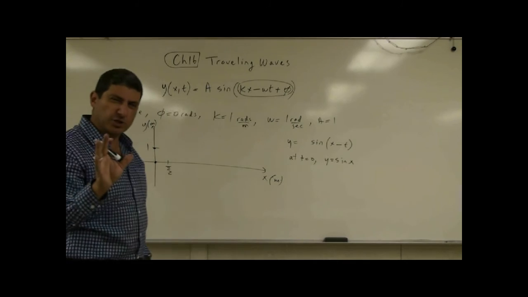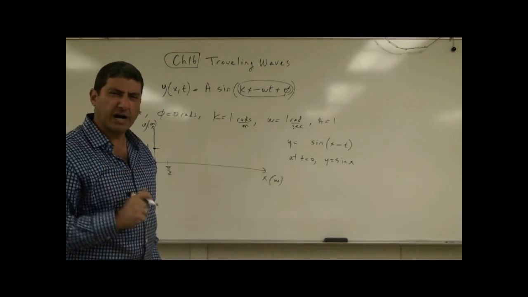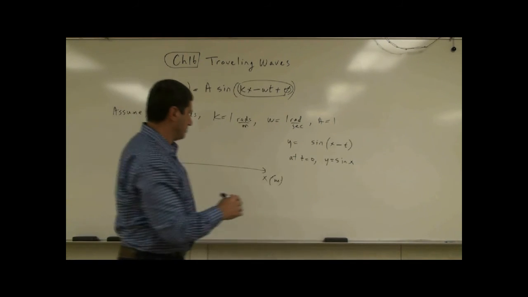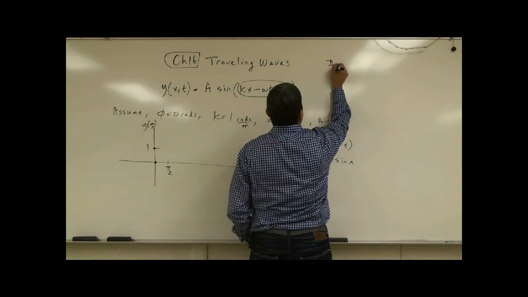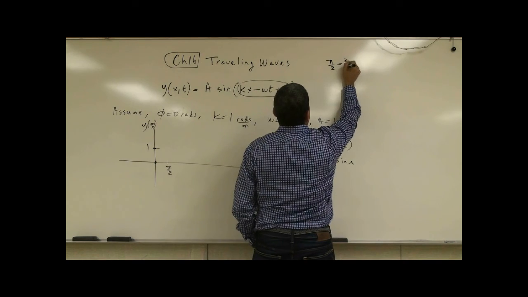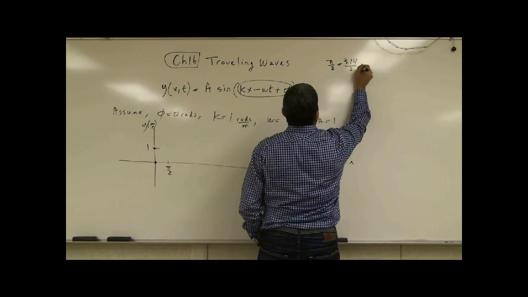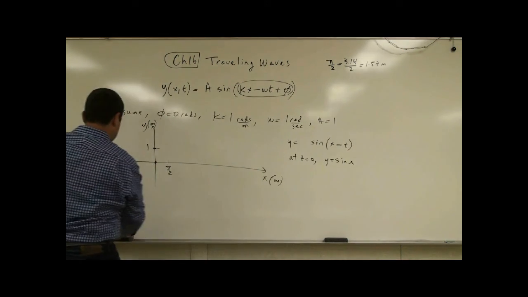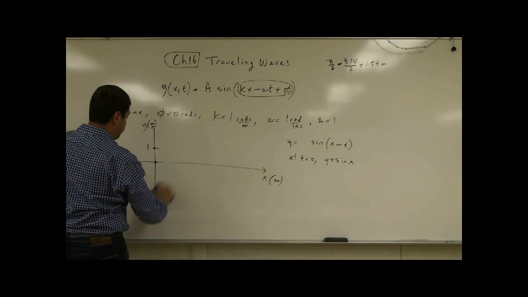If we want to make this to scale, what would pi over 2 meters be? Pi is 3.14, over 2, that would be 1.57 meters, right? So if I want to do this to scale, I should actually draw this bigger, right?